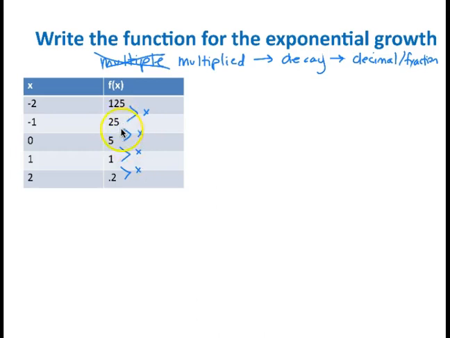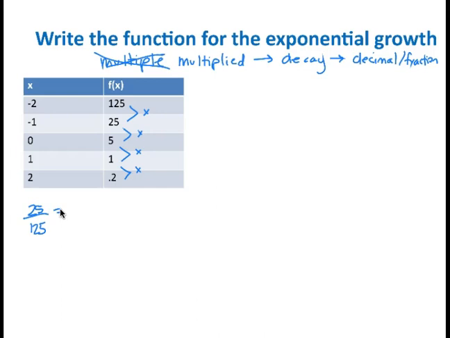Another quick, easy way to do that is take one of our values and divide it by the previous number, and that's going to be your multiple. That's going to be your multiple, the number that we would use. So for example, how do I go from 125 to 25? Well, if I take 25 and divide it by 125, what do I get?